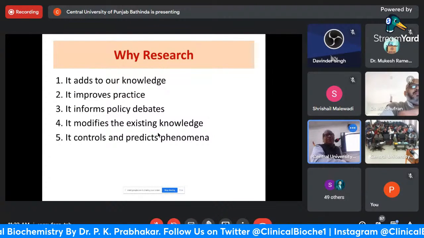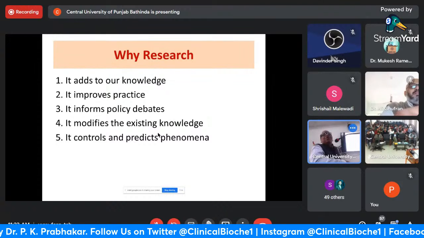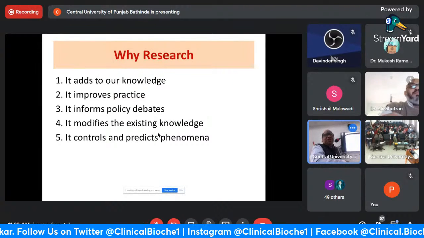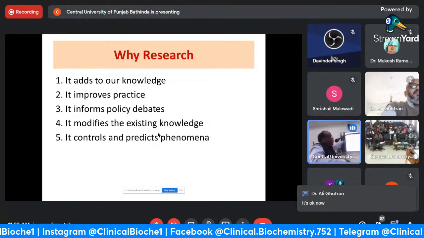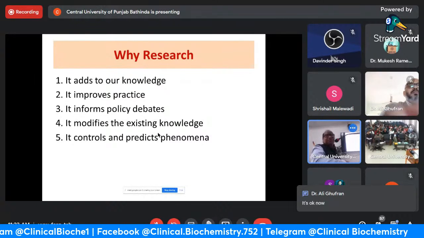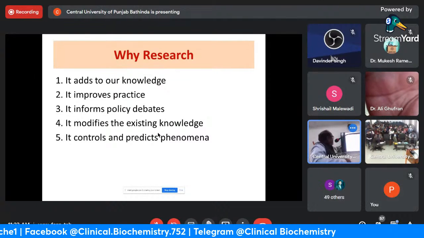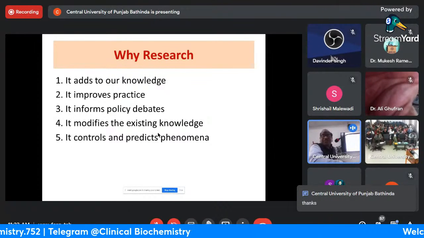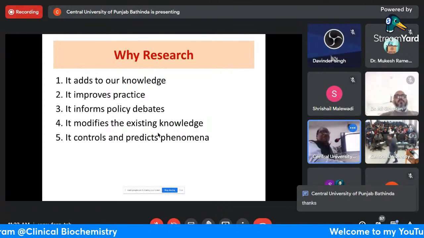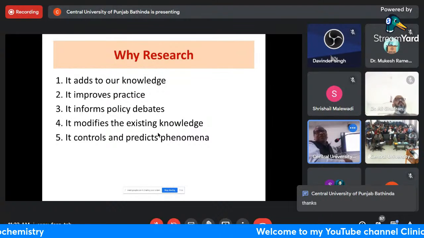As for what research does, I will not give much time to this aspect. You all know research always adds to our knowledge, modifies existing knowledge, informs policy debates, and controls and predicts phenomena. These are the fundamental aspects of research.